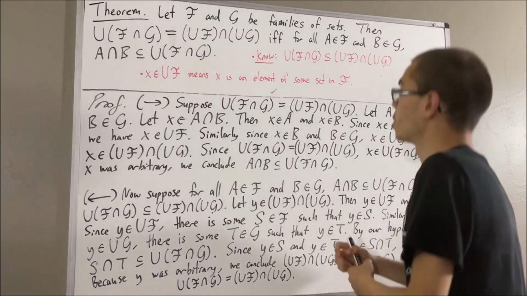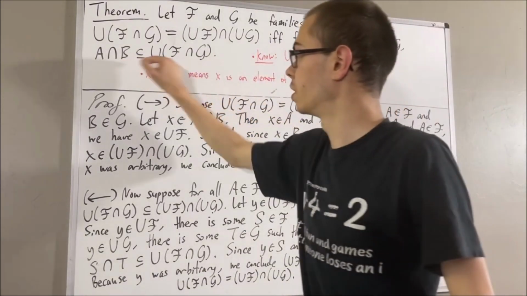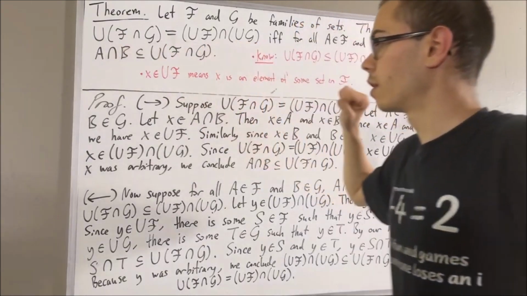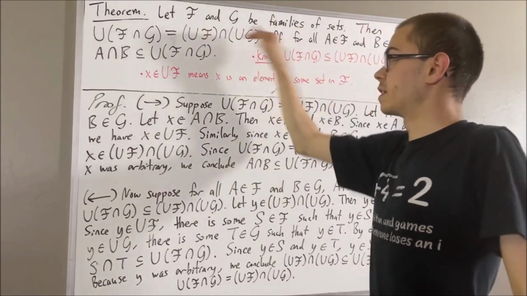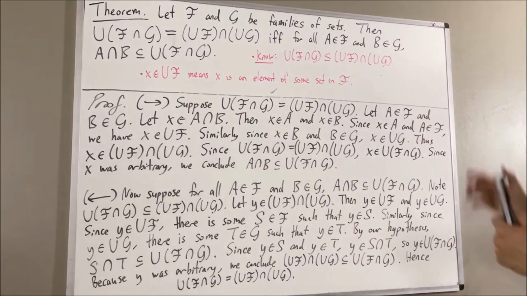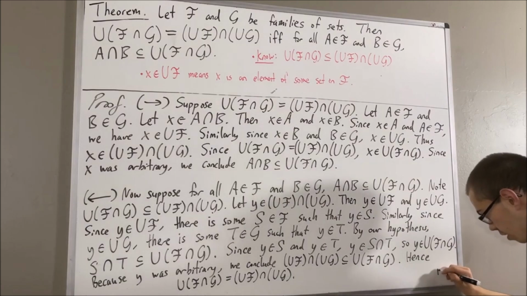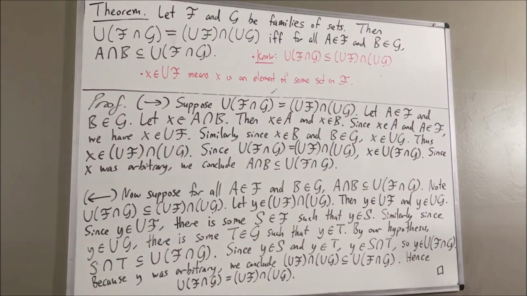So we have shown if this is true, then this is true. And we've proven both directions of the if and only if, so we have proven this entire statement. And that's exactly what we wanted to prove. So this completes the proof. And so yeah, that's pretty much it for this video.